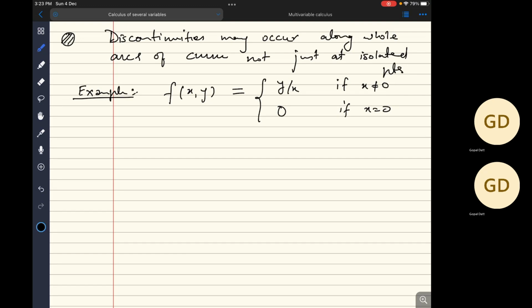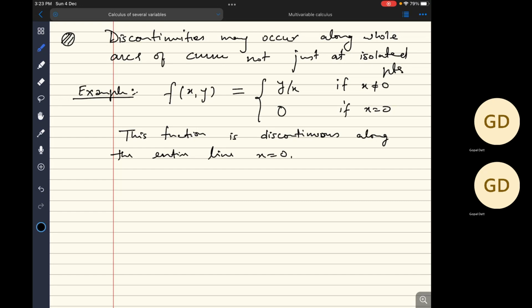You can easily see that this function is discontinuous along the entire line x equal to 0.